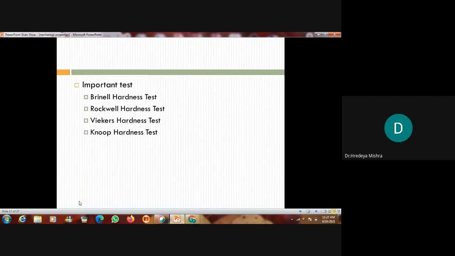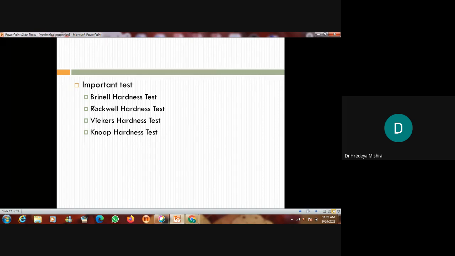Okay, so here is the important part: how do we conduct the hardness test? There are four tests: Brinell hardness test, which is a machine where we conduct this hardness test, Rockwell, which is also a machine, Vickers hardness test and Knoop hardness test.